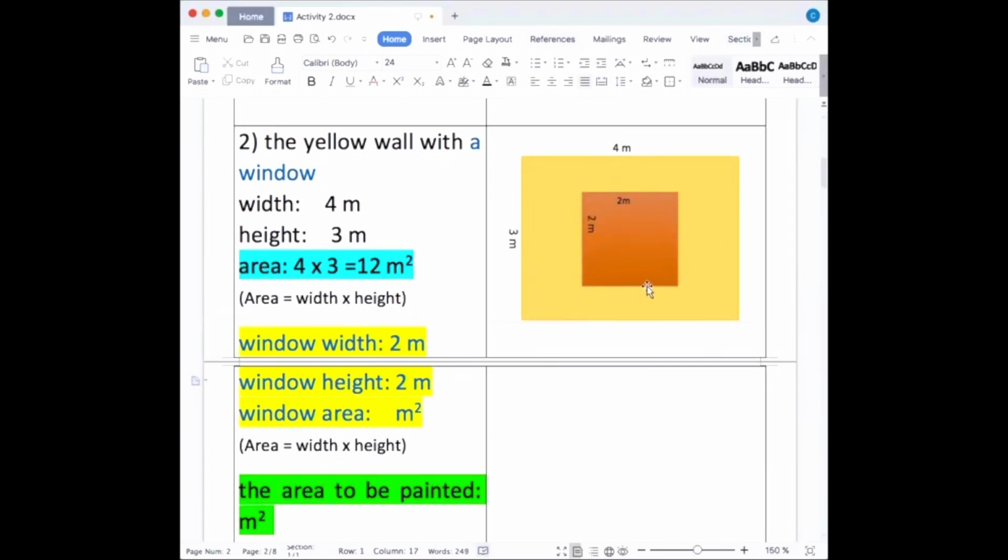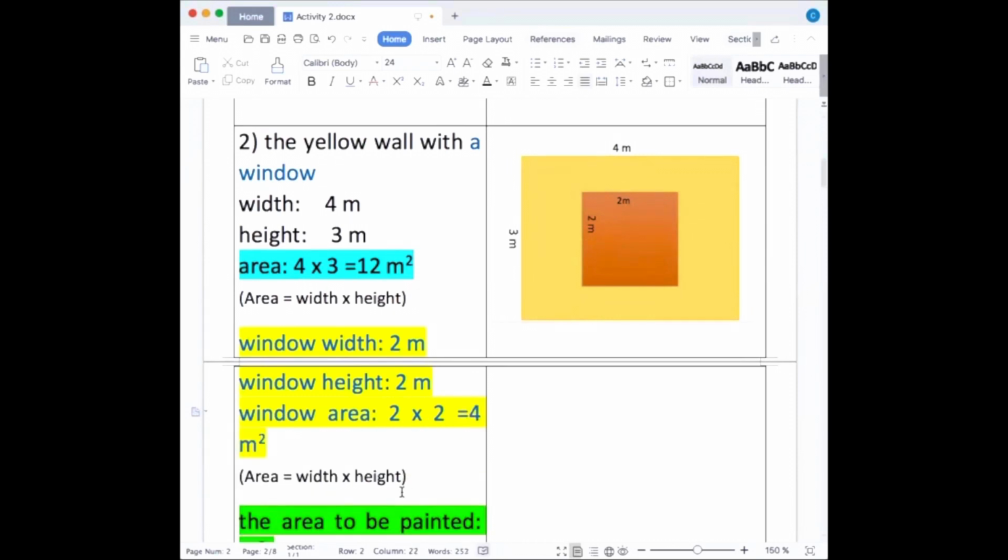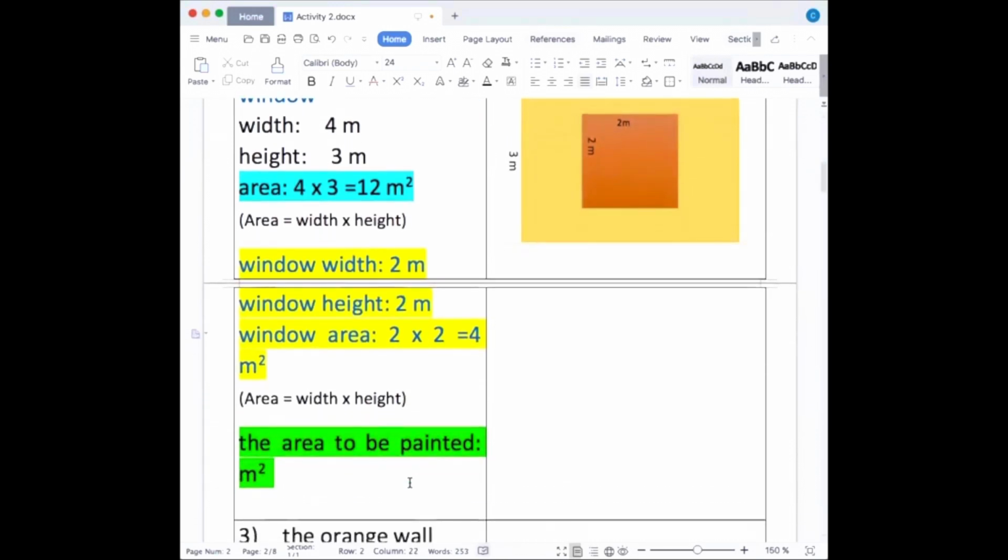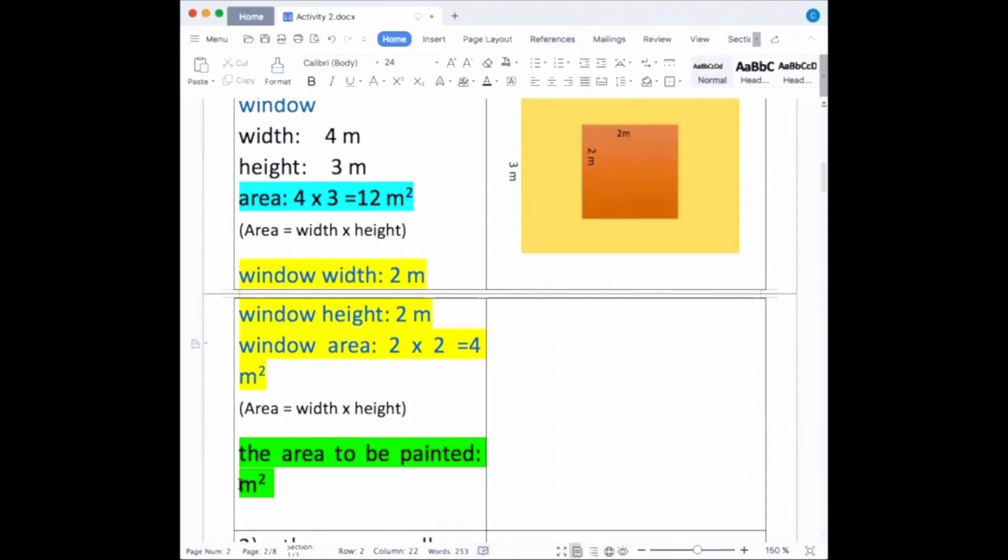So each side is the same. So we can get the window area is 2 multiplied by 2. We can get 4 square meters. And we also need to know that the area that needs to be painted is 12 deduct 4 square meters. Then we can get 8 square meters. So the area that needs to be painted on the yellow wall is 8 square meters.